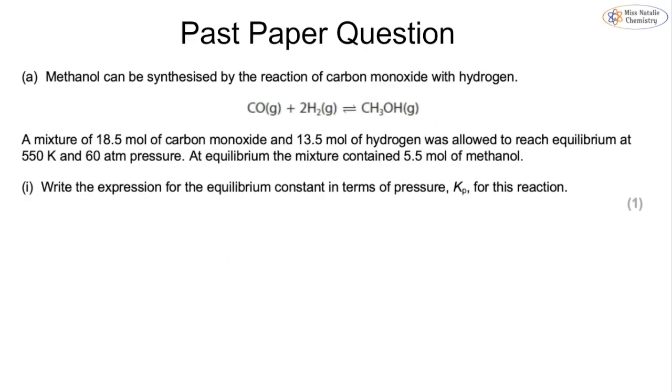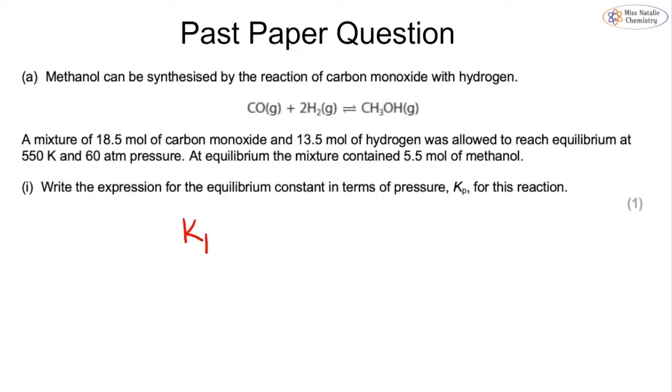Now we're going to look at more written questions. So methanol can be synthesized by the reaction of carbon monoxide with hydrogen. And in a mixture, we have 18.5 moles of carbon monoxide, 13.5 of hydrogen, and it's at 550 Kelvin and 60 atmospheres. And the equilibrium mixture contained 5.5 moles of methanol. First of all, write a Kp expression for this reaction.